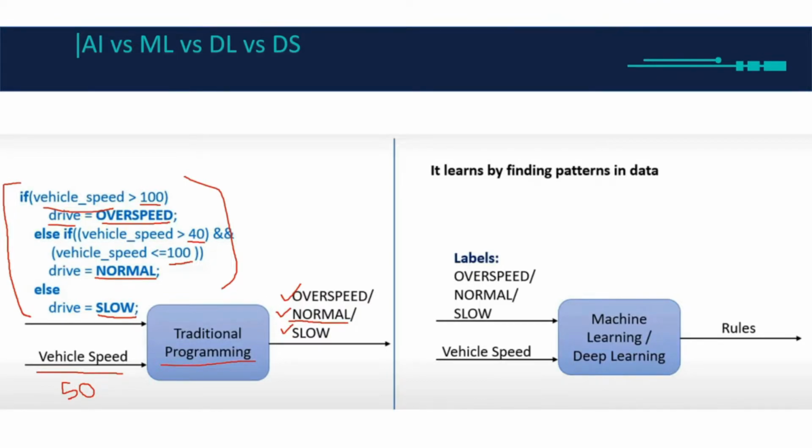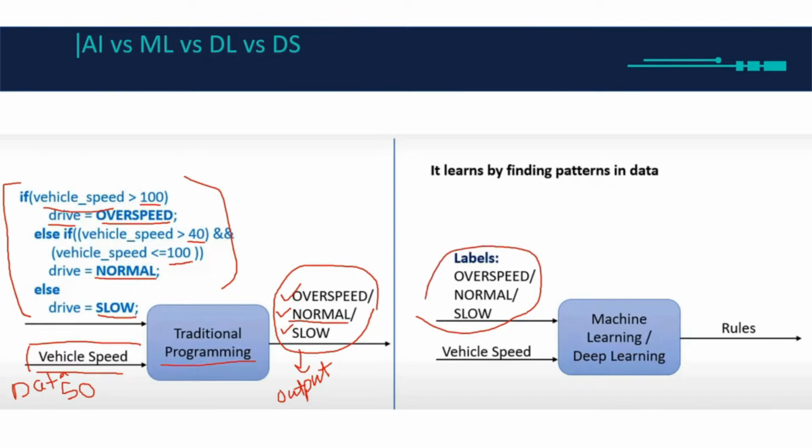Okay, let's say I want to do the same thing in machine learning or deep learning. This is the outcome, what the program is giving me, and this is the data. Here in machine learning, I'm the one who's giving the output.